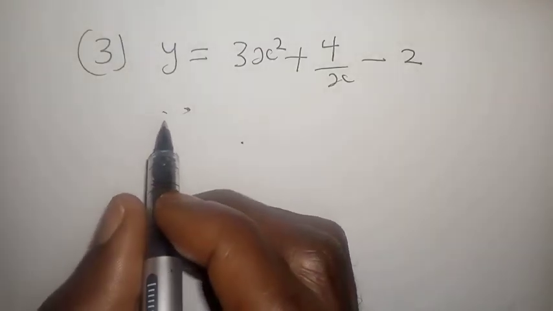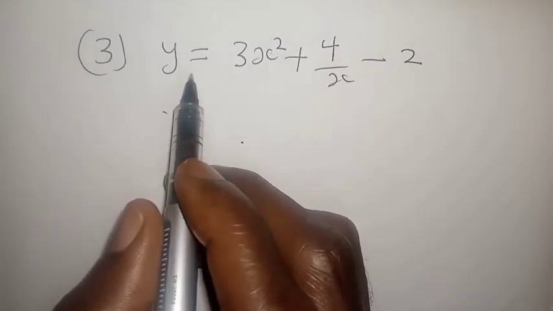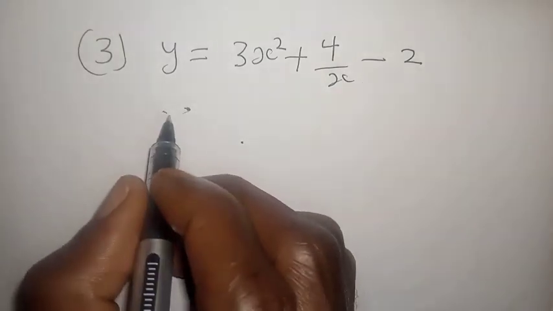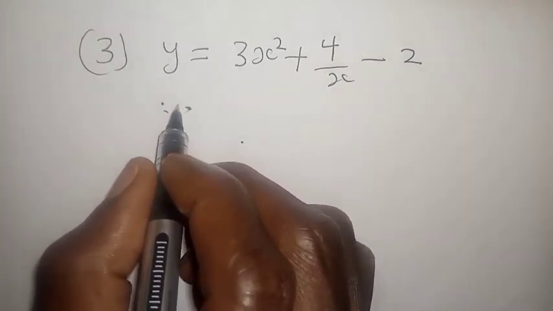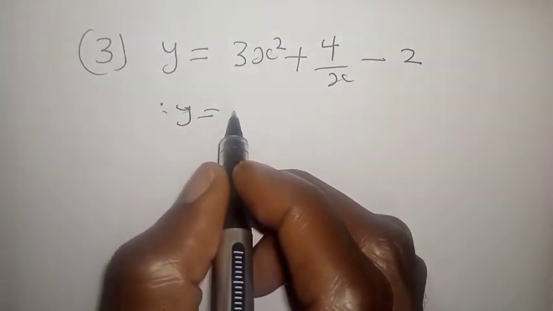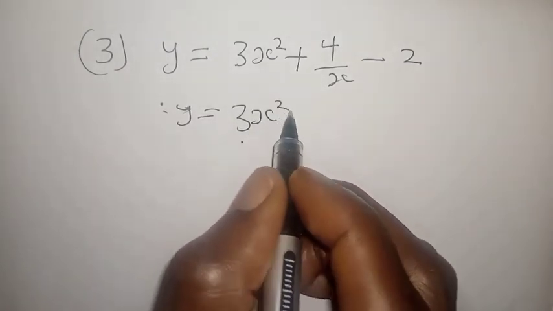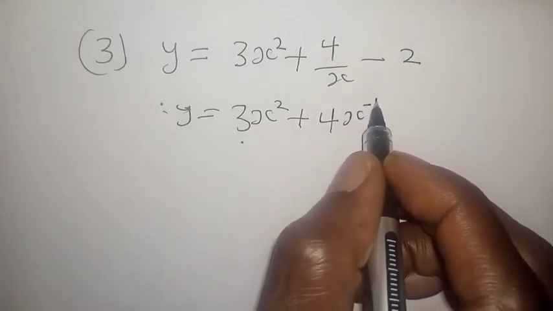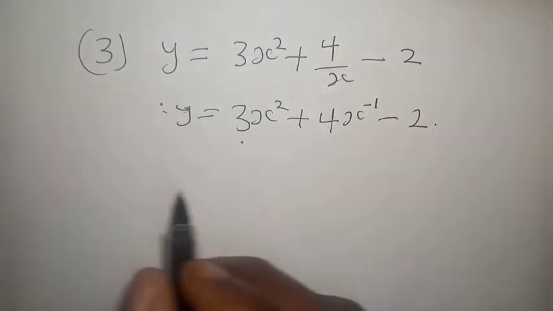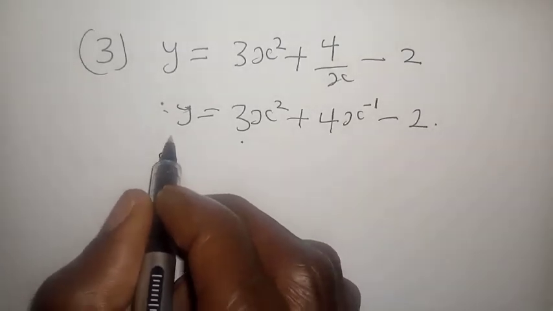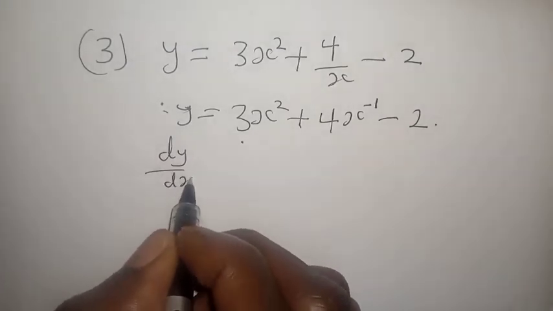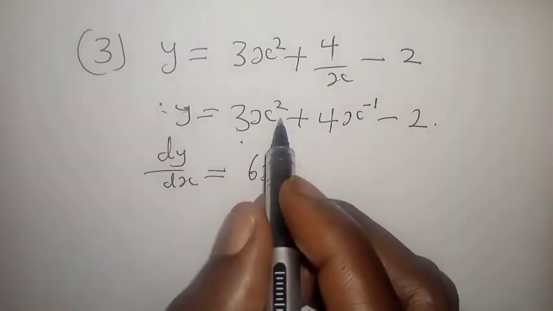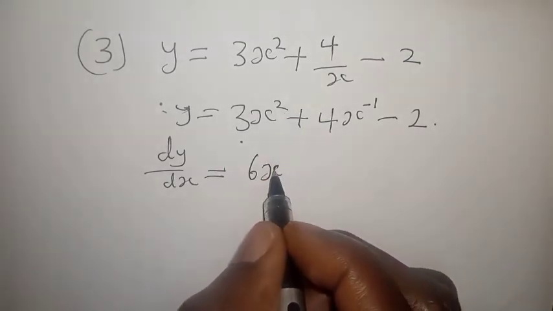Number 3. y is equal to 3x squared plus 4 over x minus 2. This can be rewritten as y is equal to 3x squared plus 4x to the power minus 1 minus 2. Therefore, dy/dx will be equal to 2 times 3, 6x, 2 minus 1 is 1.